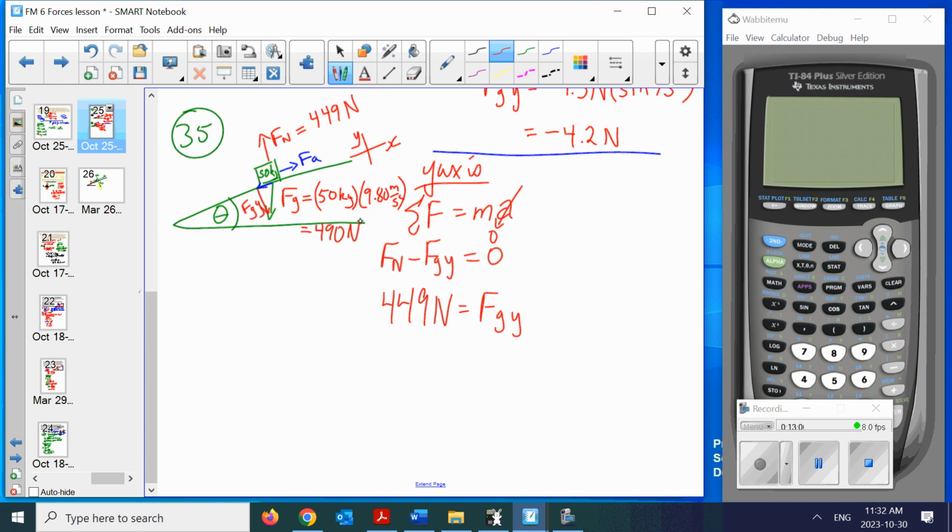Now I'm going to draw that over here. It isn't on the X or the Y axis.